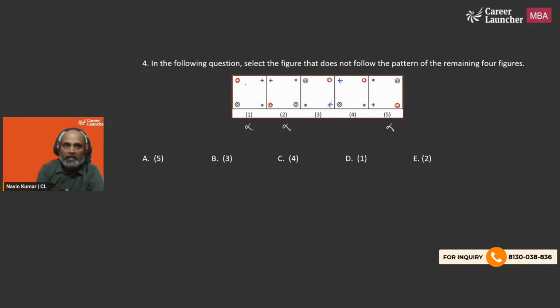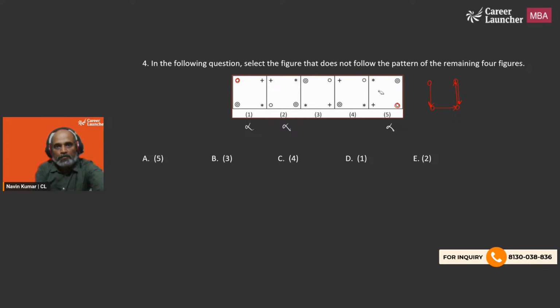Let's look at the circle again. So it starts from here, it goes here, the next one should be here, and then it should go up, right? So this circle should have been here. Once it goes up, it comes back back down. Kind of makes sense. Let's look at the next shape, which is the plus symbol.